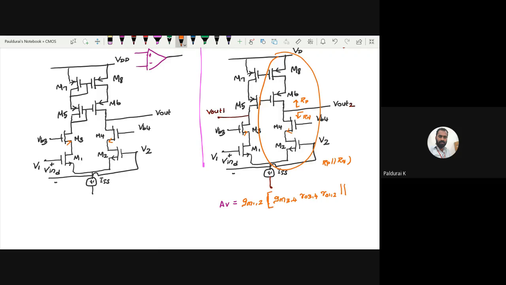What about Rp? It is gm of either 5 comma 6, ro5,6 intrinsic gain. Then the source degeneration resistance, it may be ro7,8. Okay, I combined both formulas and wrote them.